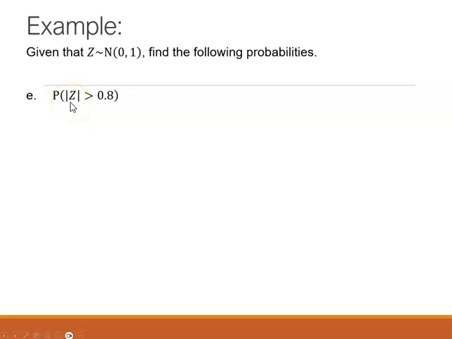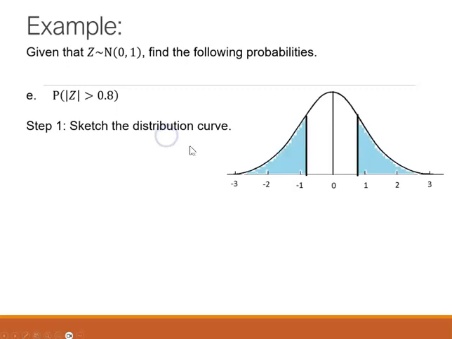Here's a tricky one. The probability that the absolute value of Z is greater than 0.8. So that's going to be that Z could be less than negative 0.8 or greater than positive 0.8.